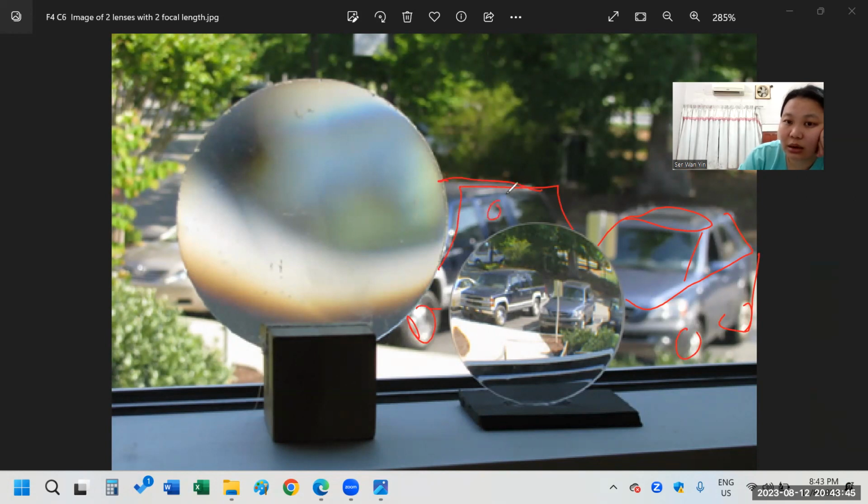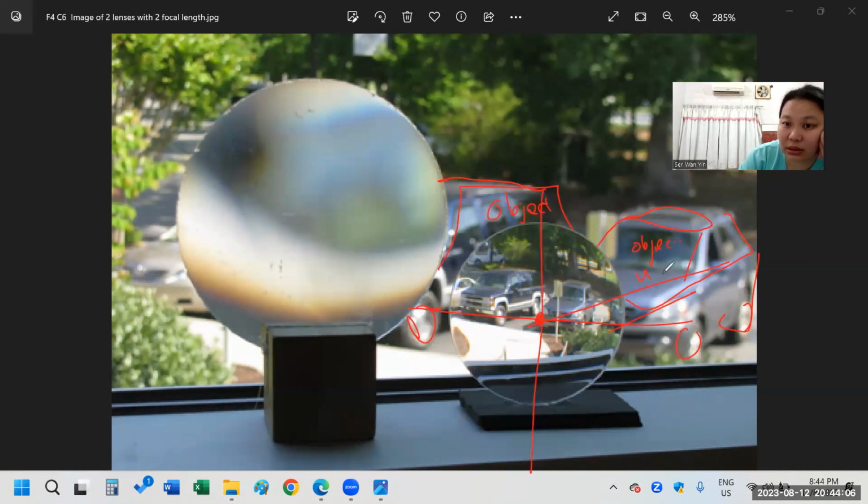It means the distance from this object to the center, the pole, is u.